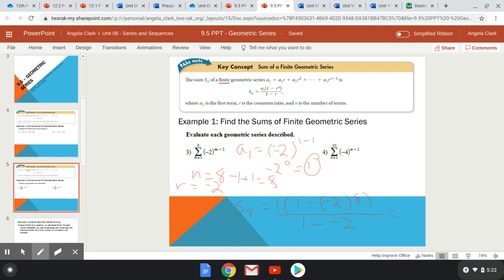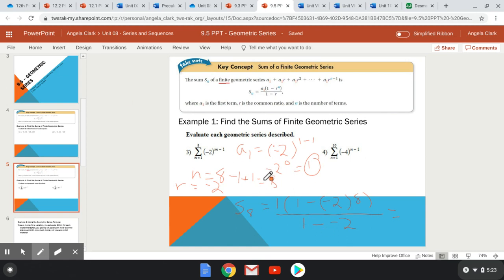It just has been in all of the examples we've done so far. Okay, so we're going to do negative 2 to the 8th power, which is going to be positive. So negative 2 to the 8th power is 256.